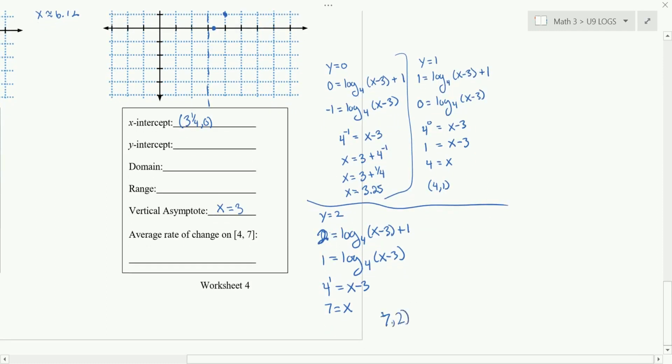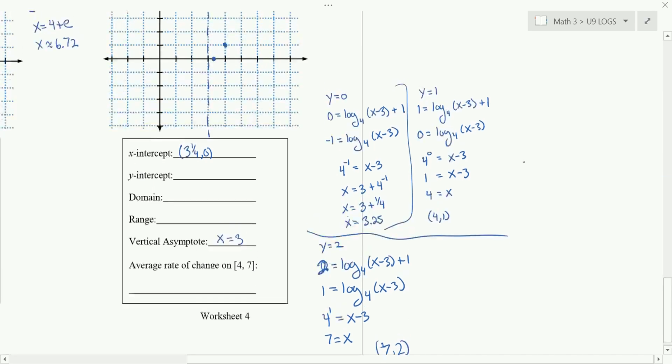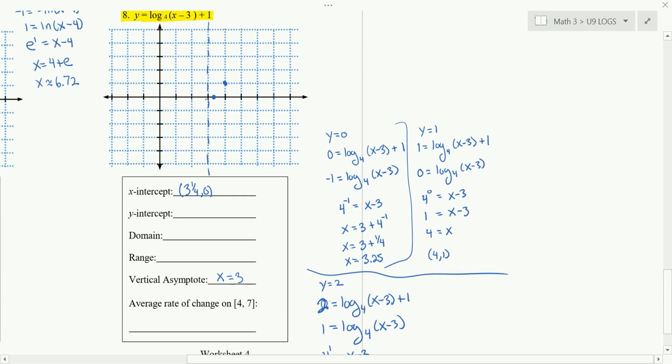I'm going to plot that point. And we see we have our logarithmic curve. No y-intercept, as seen in the graph. It's not going to move to the left side of that vertical asymptote. Domain is everything from 3 to infinity. Range is everything from negative infinity to infinity.